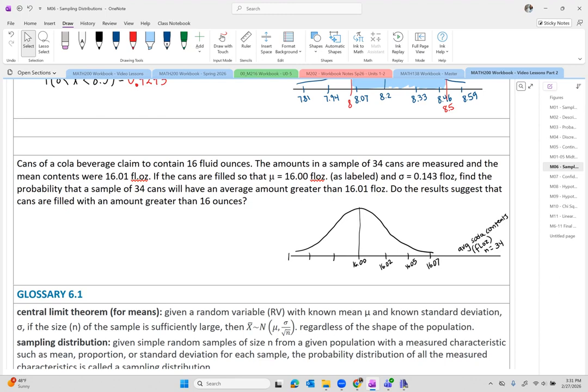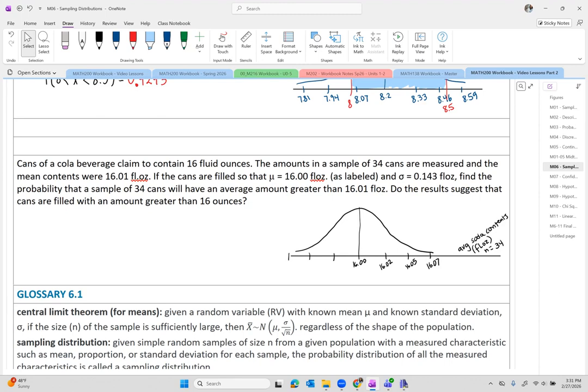Do the results suggest that the cans are filled with an amount greater than 16 ounces? So the question here is, how unusual will it be if your average was 16.01 fluid ounces or greater? This is one thing that we will be discussing in future chapters.